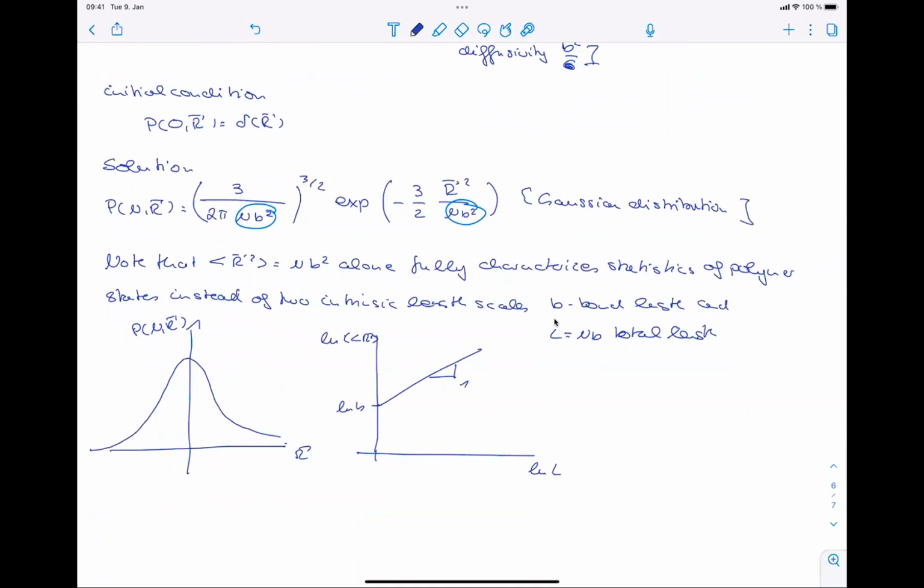So we arrived at this very central result by mapping the probability distribution to the diffusion equation, and we were very lucky because we know the solution.